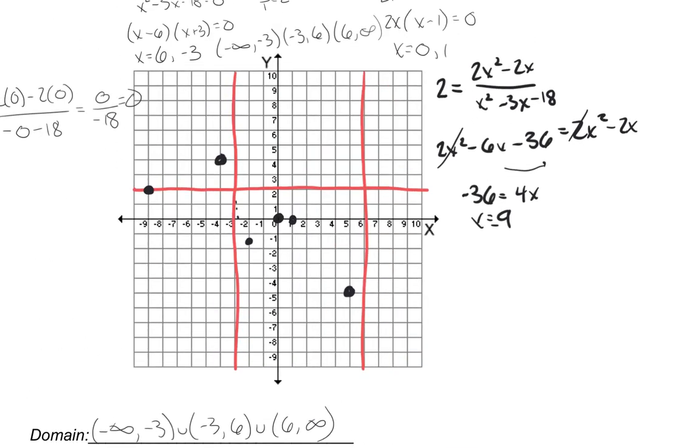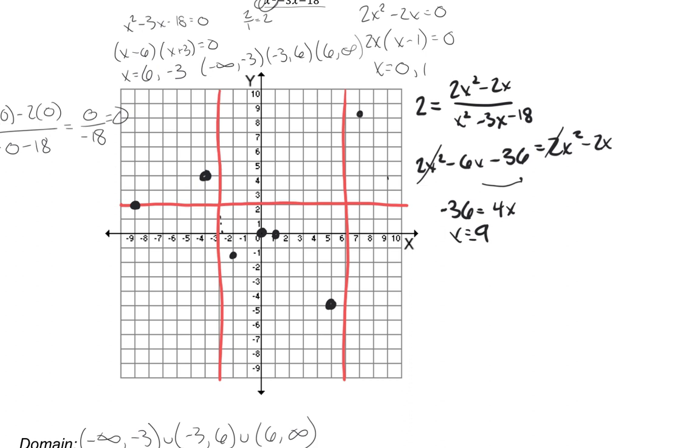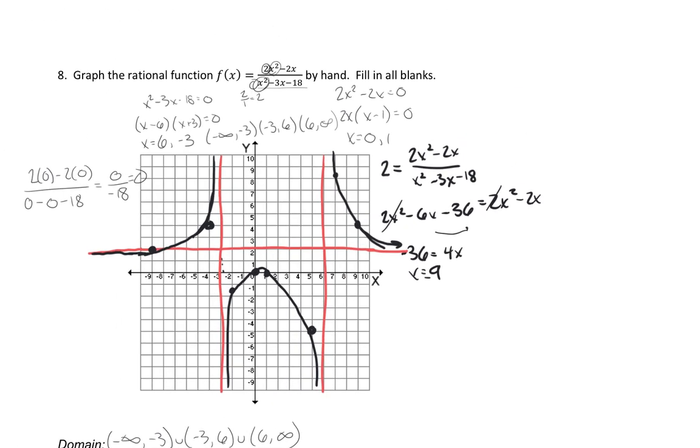Then 7, 8.4, so about like here, and then 9, 4. So this graph roughly looks like this, and it will go to 2 here this way, and then it will come up here through these points and kind of look like that, crudely. Then this is going to look like this and go through this point, and then here it will go back up and just stay right below 2, like this. So that's what your graph is going to look like.